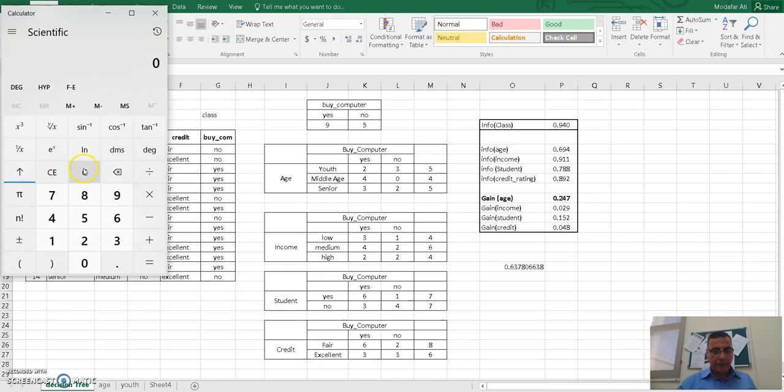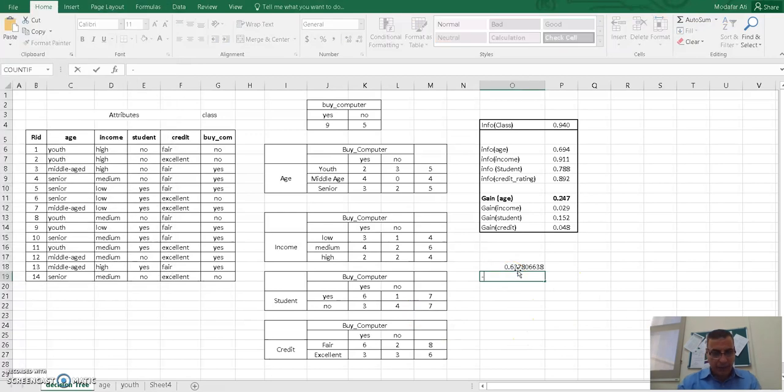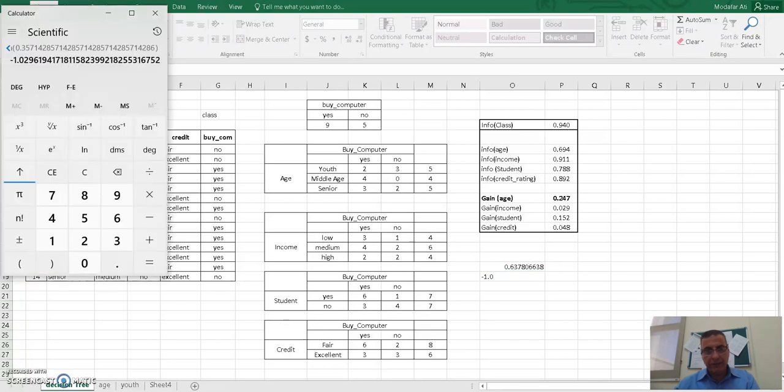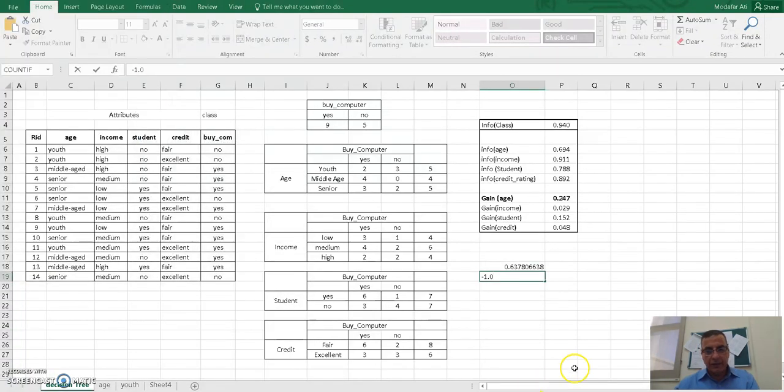Now the other one is 5 over 14. Give me the ln of that. It's 1.09, minus 1.02, over, I'm going to say equal.